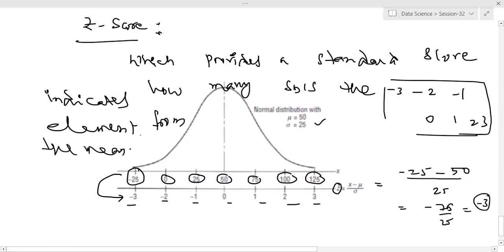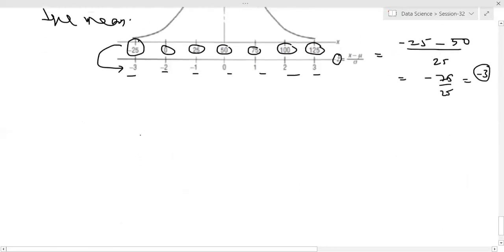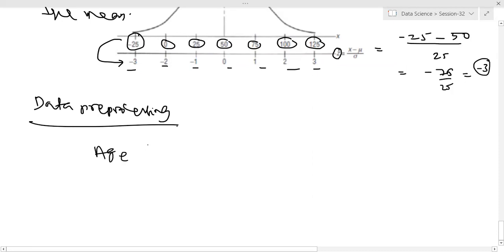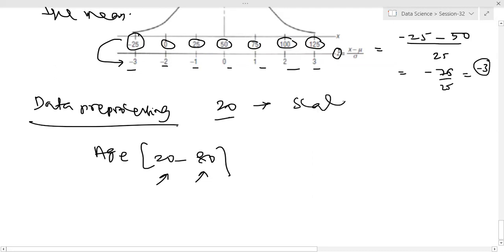Now you tell me one thing, friends. In data pre-processing, what do you mean by data pre-processing? Suppose I'm giving this scenario: I have people aged between 20 and 80 years, starting from the interns in my company, starting from age 20. I have interns recruited for a Scala healthcare project.